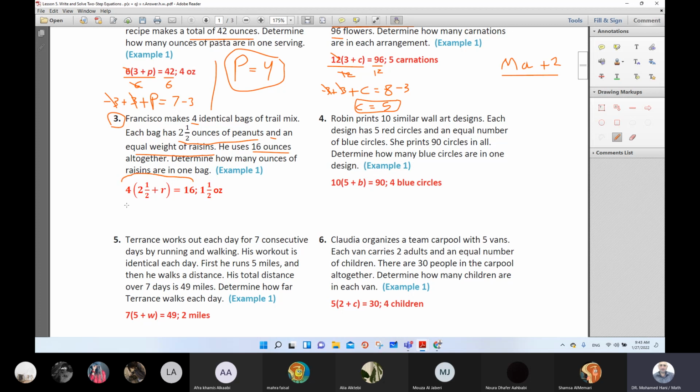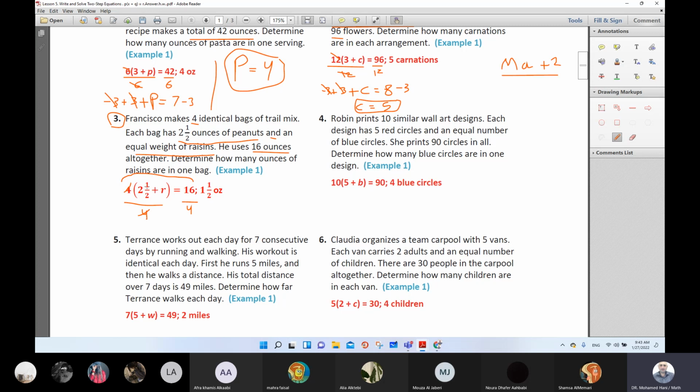Now we want to solve this equation. We want to remove 4 from this side, so divide the two sides by 4. 4 divided by 4 will be 1.